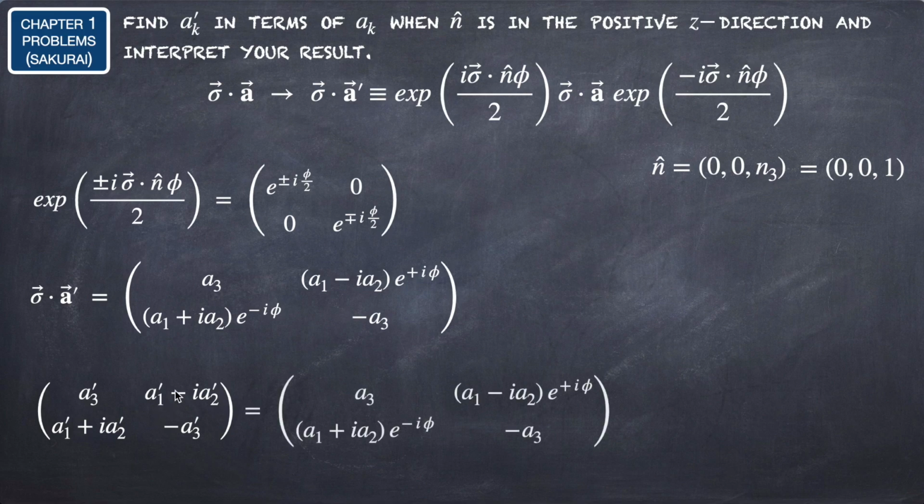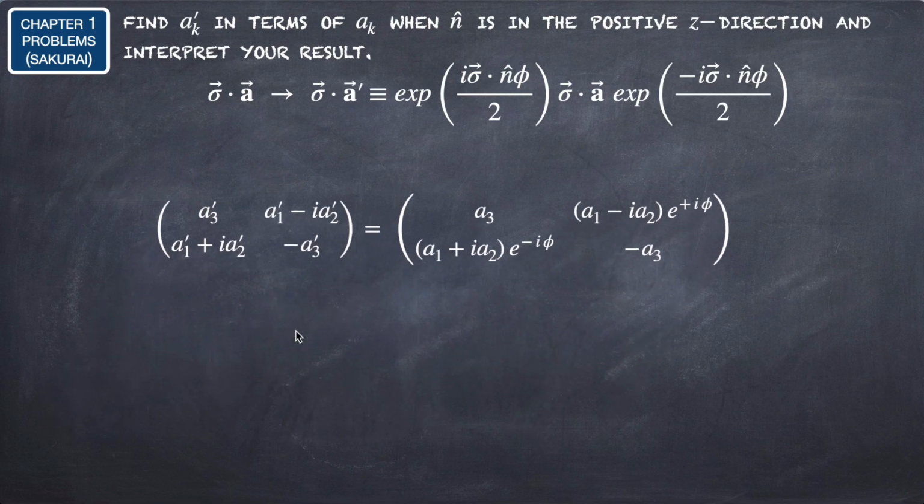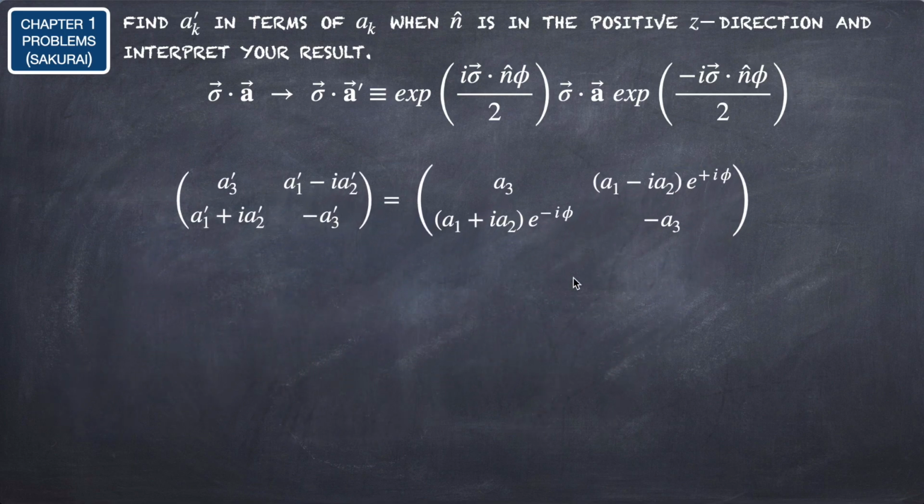Okay, and this is equal to the matrix that we just found. Then we are going to compare the elements and try to obtain information about the Ak prime in terms of Ak. The first one is very straightforward. A3 prime is equal to A3. This is our first result.